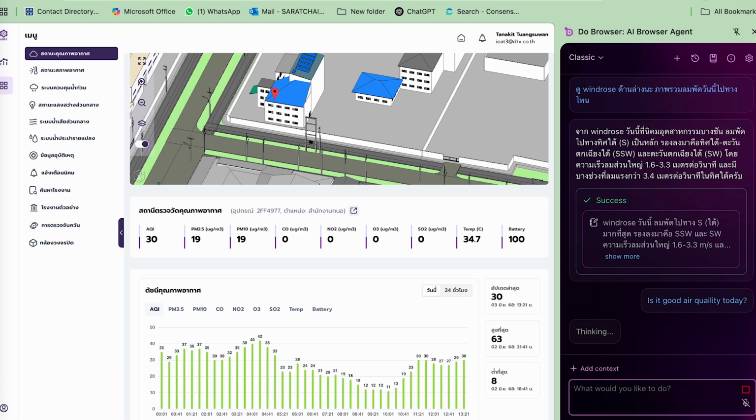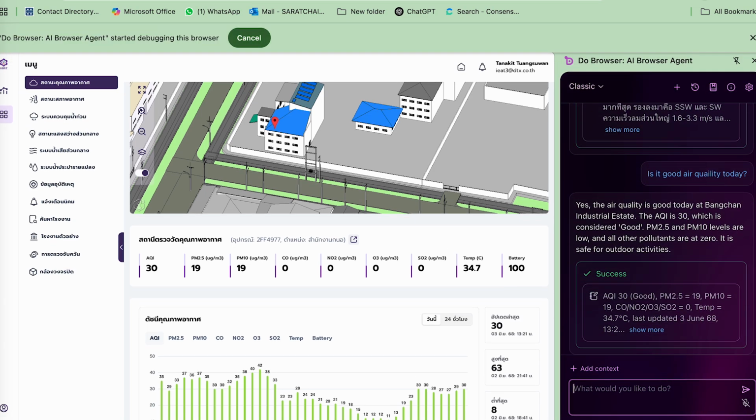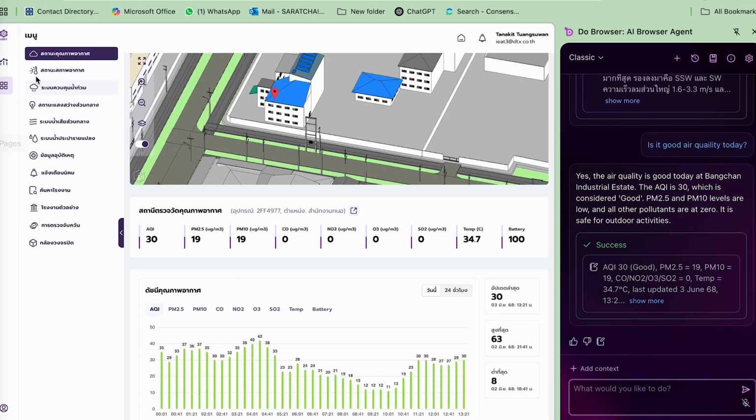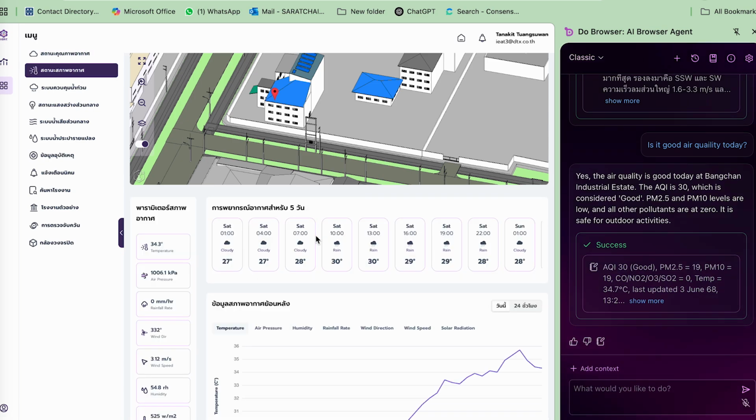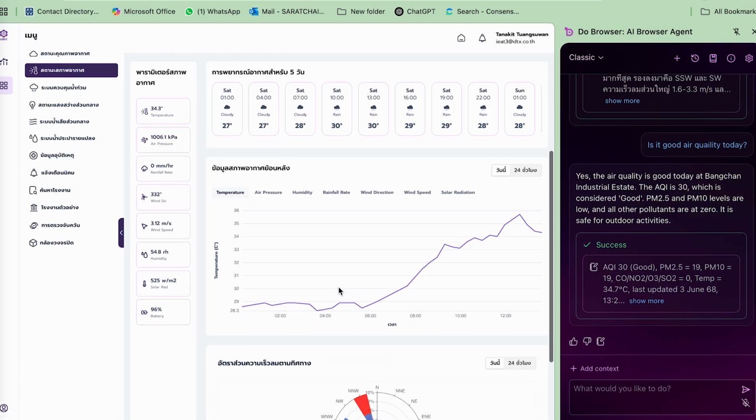Okay, it consumes some time, a moment. So it said that AQI 30 is good, so don't worry, you can go outside and have some activity. It's good today.